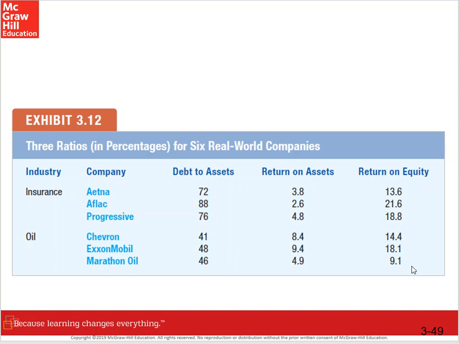But sometimes we want to look for a new and up and coming company, a company whose story has yet to be told, might have a little more risk with it, but if the company really succeeds and takes off, we stand to make a lot of money on our investment. So of these three, if you want to take a little bit of a risk, investing in Marathon might be a smart idea to see if they grow and become highly successful.